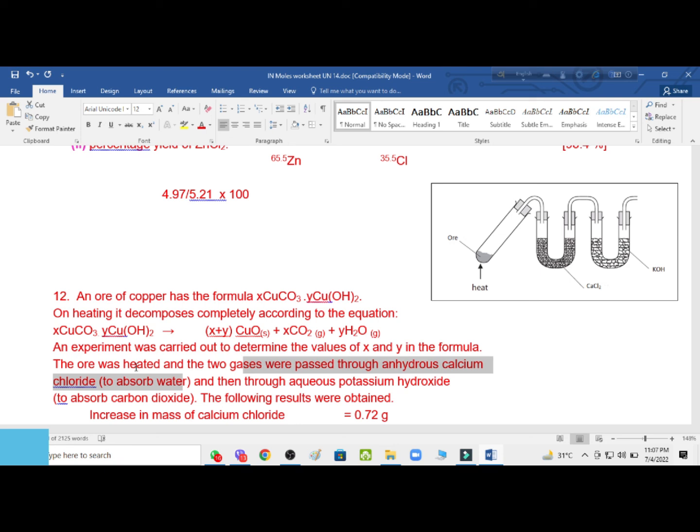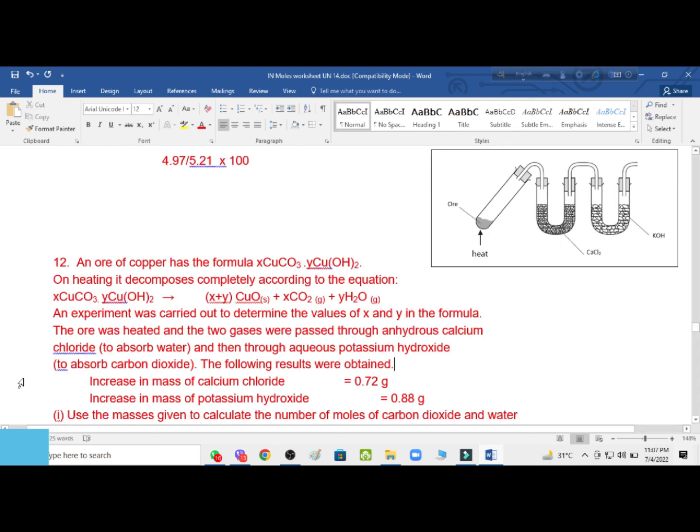So won't its mass increase? Yes. Why? Because this will absorb water. What mass increases? See, the increase in mass, this. So isn't this the mass of water? Because this is an increase because of absorbing water.